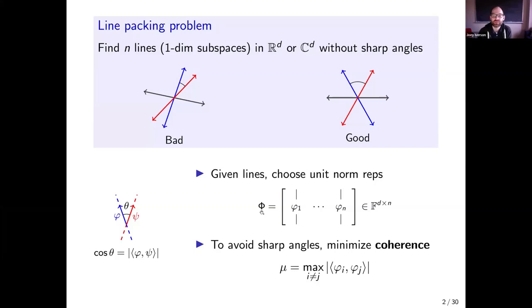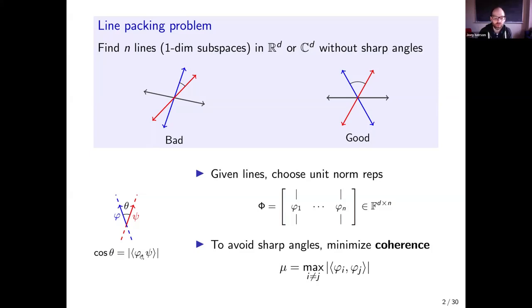Okay. Now, in terms of angles, so maybe this is one of my unit norm representatives. This is another one. Well, then the cosine of the angle is the absolute value of the inner product. Okay. Now remember that I want wide angles, like the dream would be a 90-degree angle, right? And a 90-degree angle, that would be like an inner product of 0.